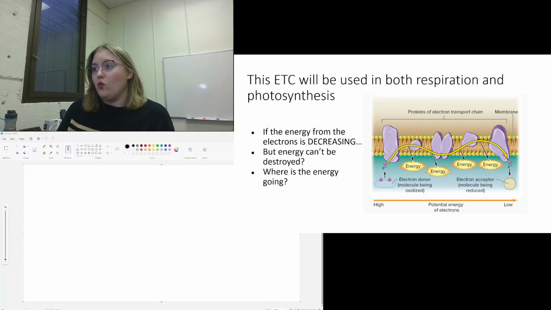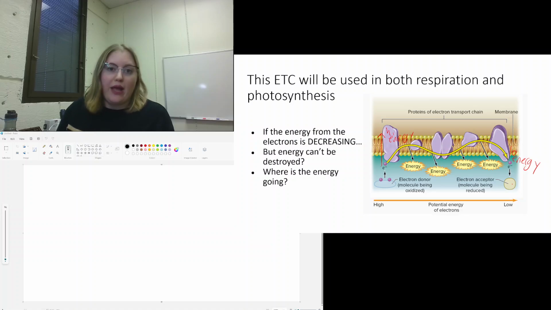We're going to have an electron donor, and that donor gives a high-powered electron, a high-energy electron, to our first protein in the chain. And then as that electron gets passed through the chain, it's losing energy gradually, right? And so we end up with a low energy electron over here, and that gets accepted by our electron acceptor.